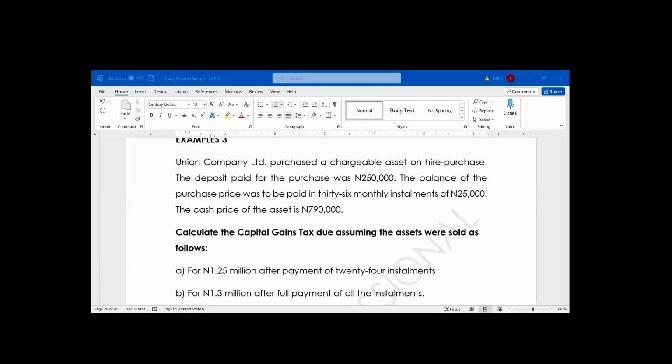Once we get the interest element, we can also get interest per installment. If we want to get the interest per installment, the total interest that we get, we divide it by the number of installments. In this question, what is the number of installments?